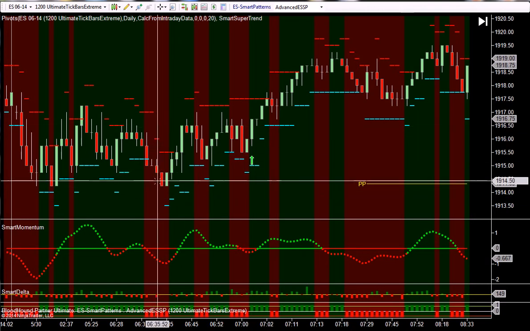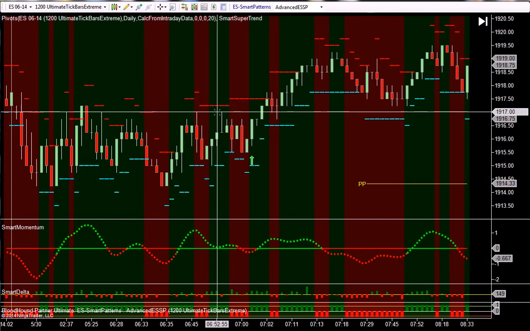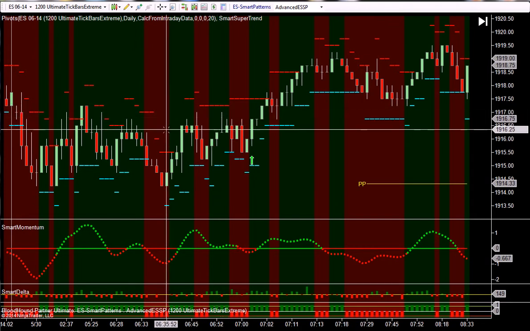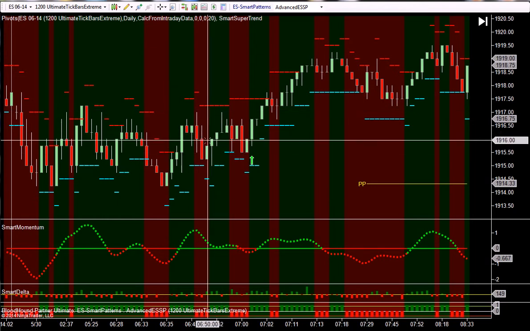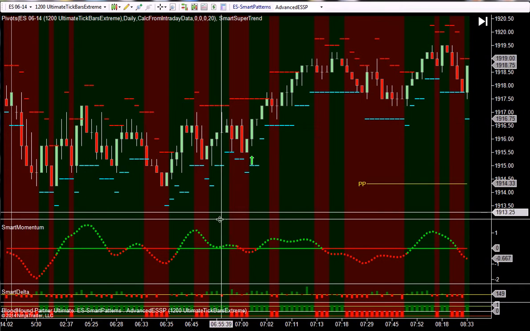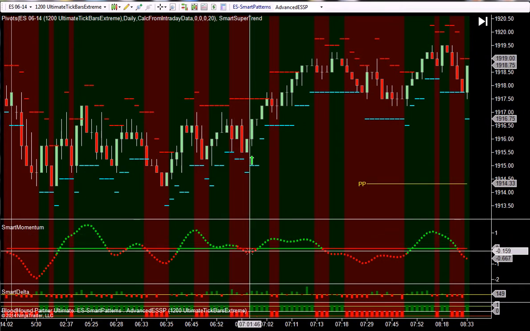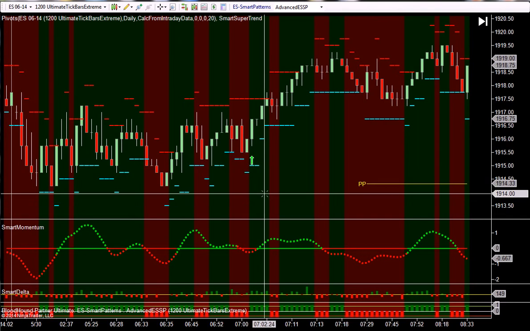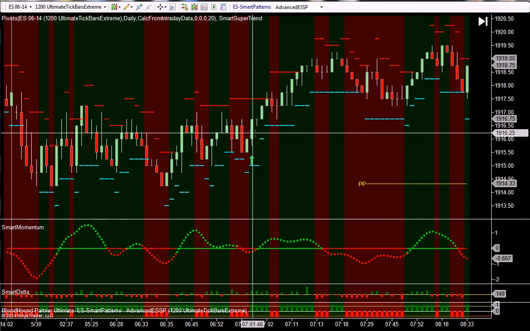This particular region of the chart right through here is actually showing us a pattern that you can learn in the Smart Patterns course as a bullish pattern. And so when I see this type of pattern with the divergent signal here that we teach in the ESSP course, that gives me two reasons why I want to be buying on this bar right here when Bloodhound turns green.